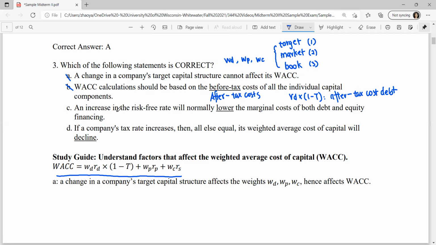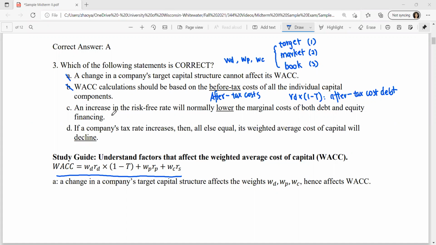Choice C, an increase in the risk-free rate will normally lower the marginal costs of both debt and equity financing. An increase in the risk-free rate, which is the benchmark risk return, means an increase in the benchmark rate. The cost of debt will increase.